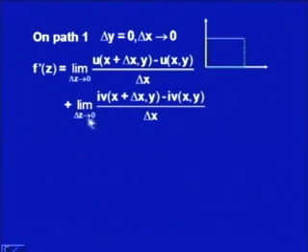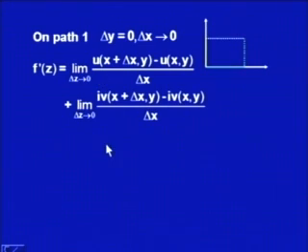Then the limit delta z tending to 0 for i times v x plus delta x comma y, delta y is set to 0, minus v x y, divided by delta x. And then we know from the definition, u is a real function of two variables x and y, and this is nothing but the definition of the partial derivative of u with respect to x, and this is the partial derivative of v with respect to x.